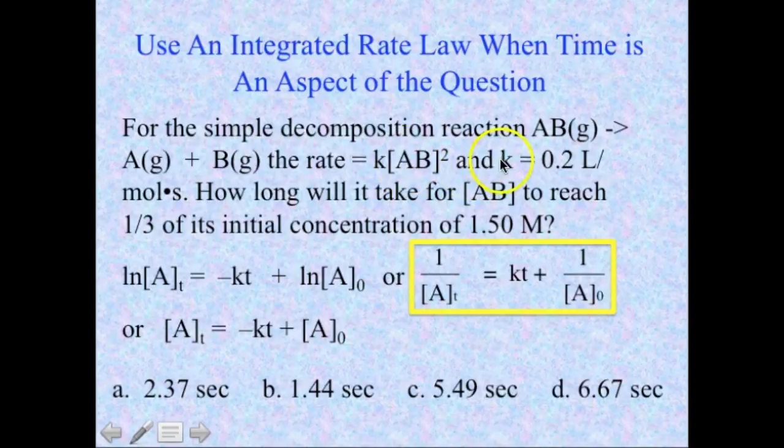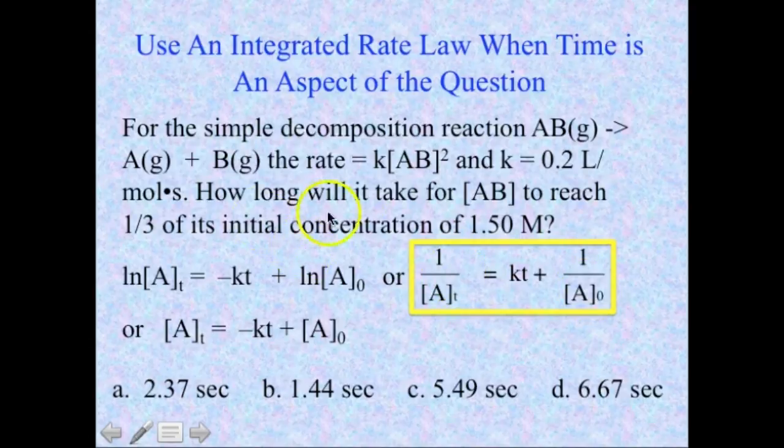And then also we're told by the label on the rate constant, 0.2 liters per mole seconds, that's another tell that this is a second order reaction, and therefore we need the second order integrated rate law. So this is the one we have to use, the second order integrated rate law.